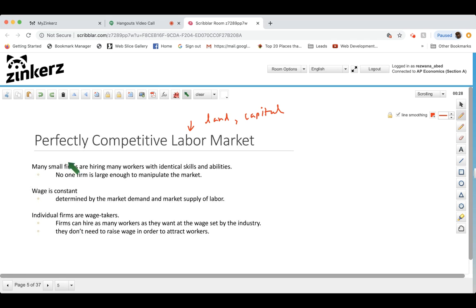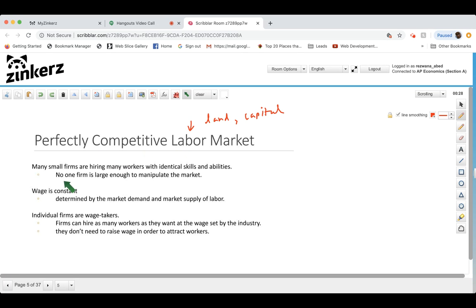If you think back to the perfectly competitive product market, we also had many small farms selling identical products, and no one farm was large enough to manipulate the market. So here, it's just that the roles are now reversed, because the farms are no longer on the supply side of the equation, they're on the demand side.